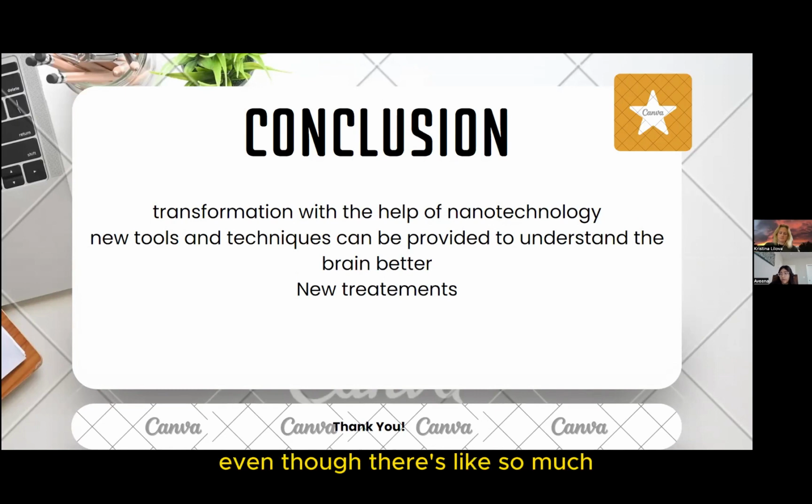And even though there's so much research to be done in this area, the potential for nanotechnology is truly revolutionary, with continued investment for these particles, to help create new aspects of how we can use them. We can understand the brain and hopefully figure out how to do it in a much more efficient and cost-effective way. Thank you.